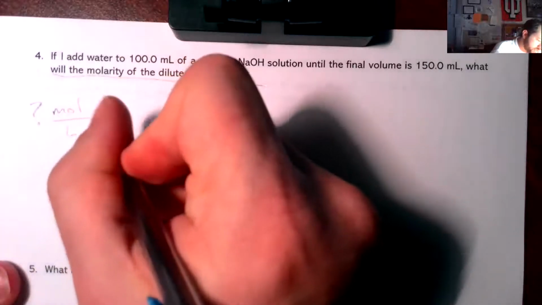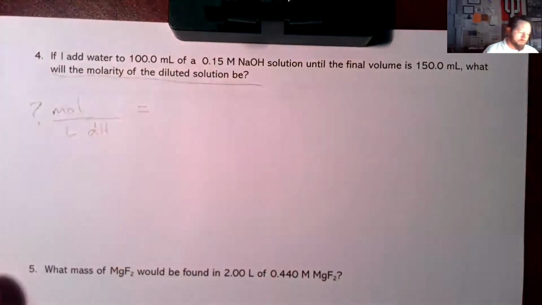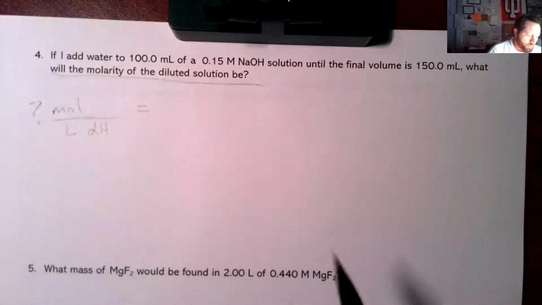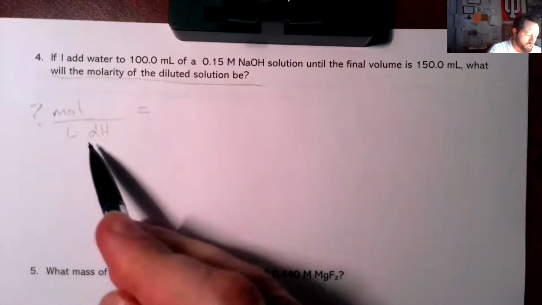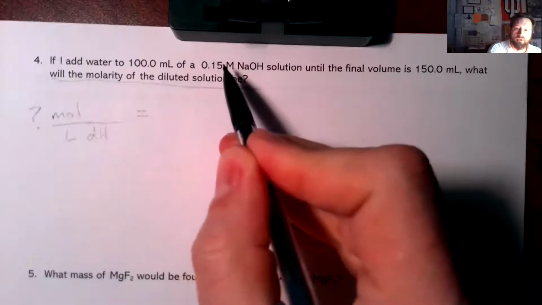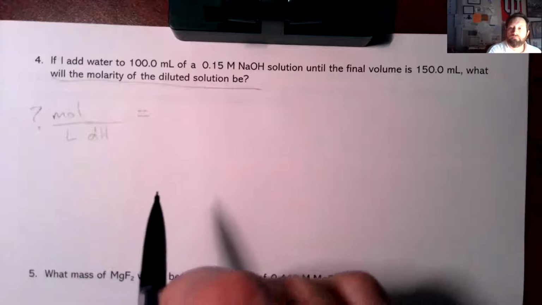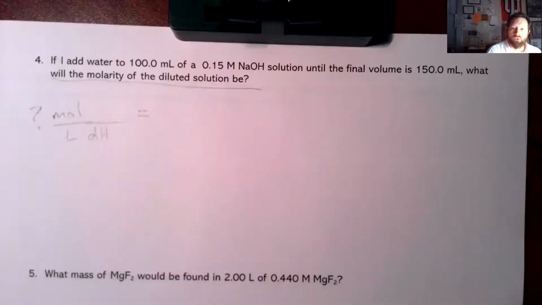I'm going to go ahead and write my dilution right there because we're looking for a new dilution. So this is equal to, I want liters of dilution on the bottom, I want moles on top. There are a lot of different places we could start here. I'm actually going to take a look at this number here and say, hey, that is a moles. That is my number of moles right there.